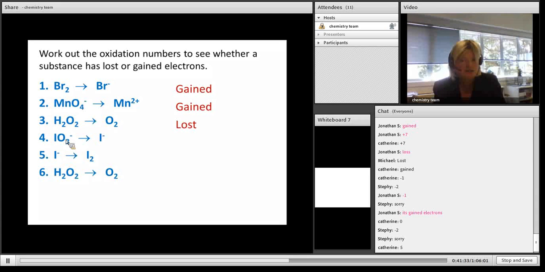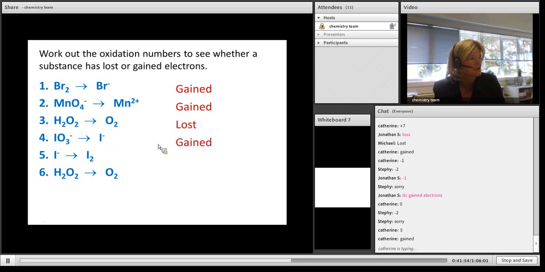That's correct. I hope everybody else agrees. Otherwise, you can look up the oxidation rules and look it up yourself, because it's 3 times -2 is -6. It's all got to equal -1, which means I is 5. So if it's going from +5 to -1, has it lost or gained electrons?